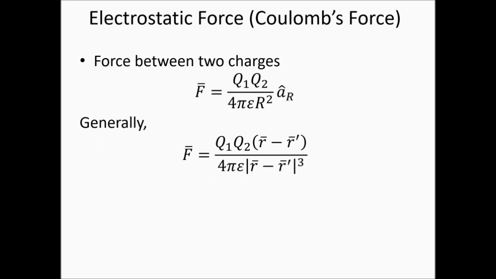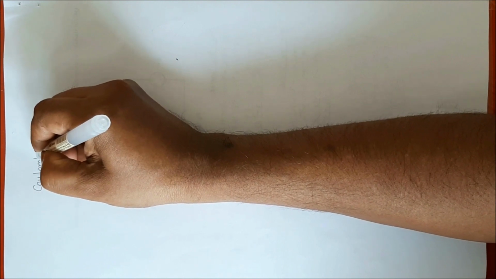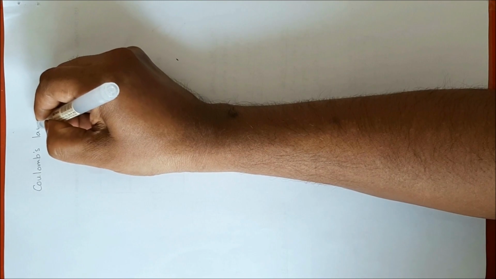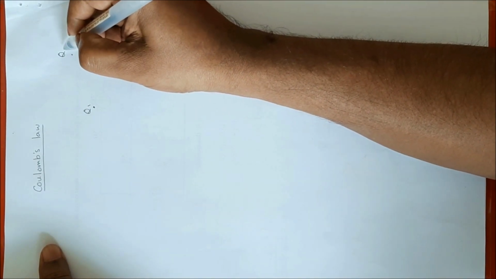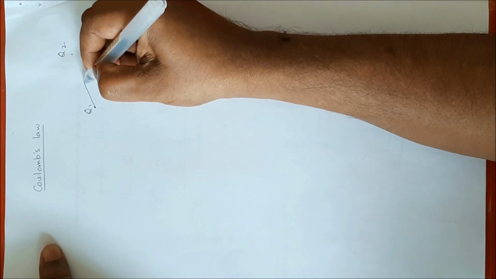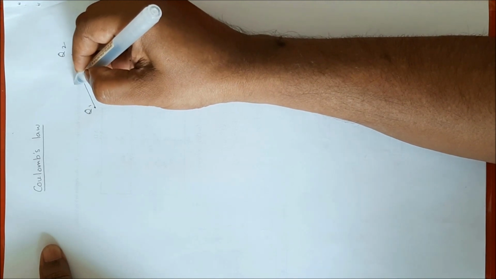Let us derive Coulomb's force law. To derive Coulomb's force law, we'll start with two charges, Q1 and Q2. The distance between these two charges is r.